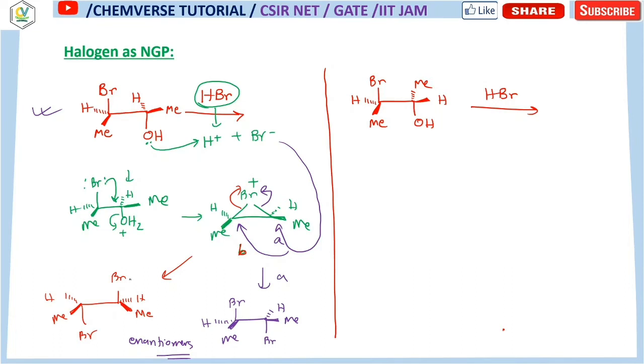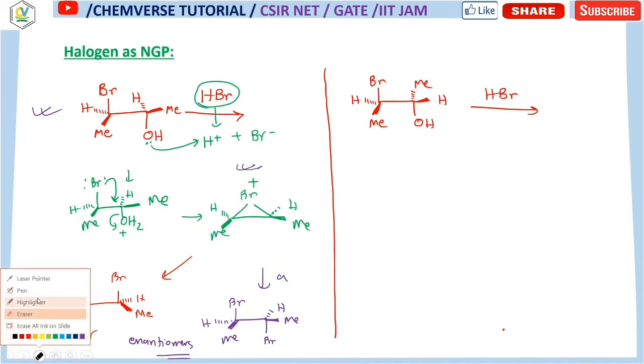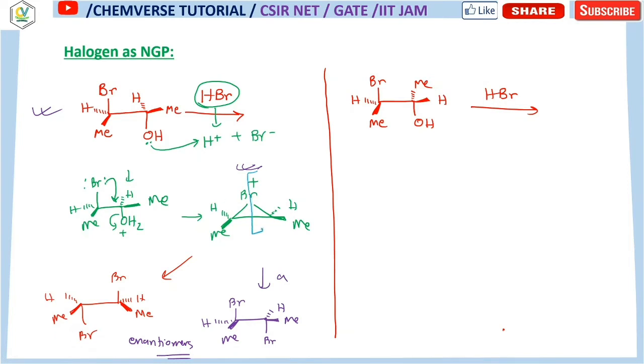But one very important aspect is that questions are often asked from this concept. If you look at this intermediate, okay, I am erasing all of these arrows, so that it will be much more helpful for you to understand. Now if you consider this intermediate, you will find that there is a plane of symmetry.